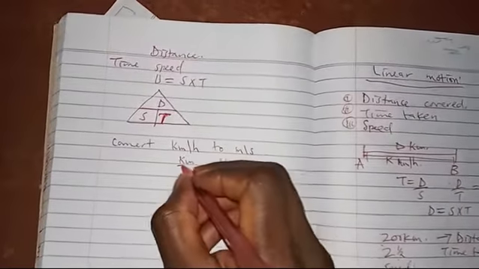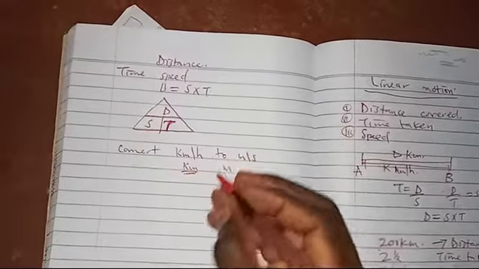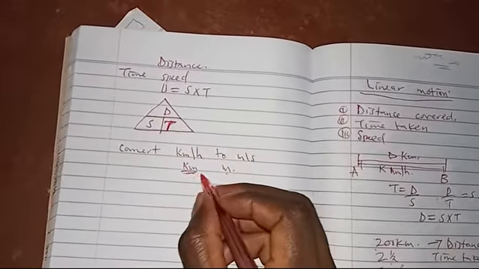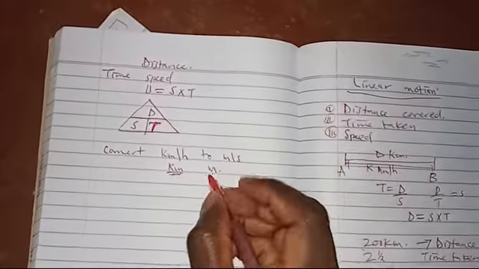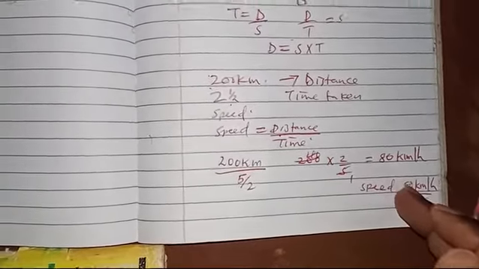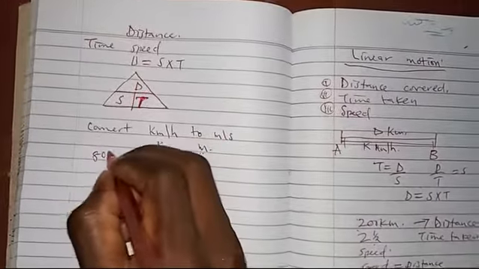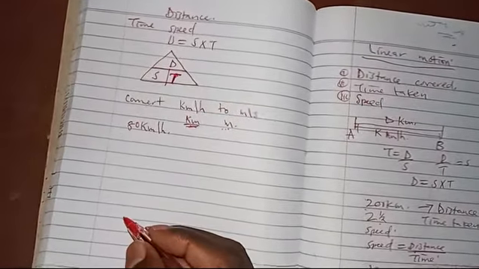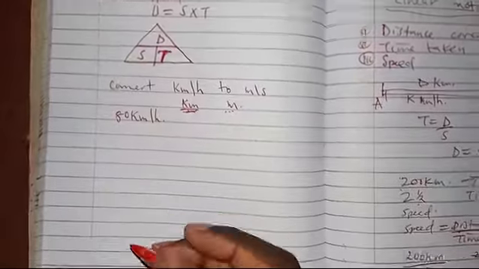You see that the kilometer is big. So if you are converting kilometers to meters, it means the number will become more. If you are given the speed, let's just use the speed that we had here of 80 kilometers per hour, then you have to convert into meters per second.